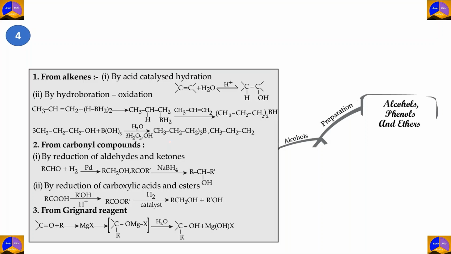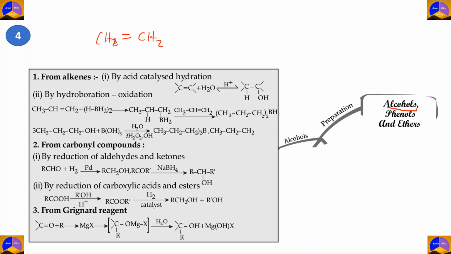deals with alkenes. Alcohols are primarily formed from alkenes. Alkenes are compounds with a double bond, basically. There are two ways in which an alcohol is formed from an alkene.